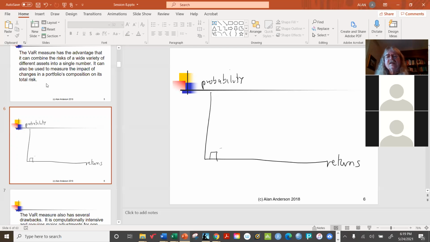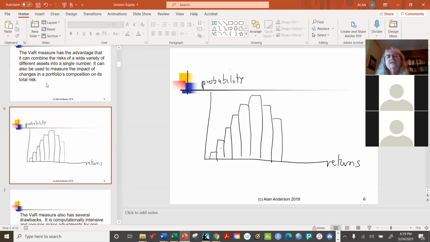If I have enough of these bars, if I have enough data, then something interesting starts to happen. If you've seen this before, the distribution starts to resemble what we will call the normal distribution.